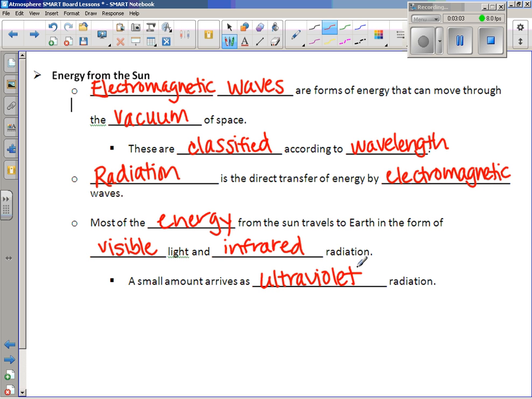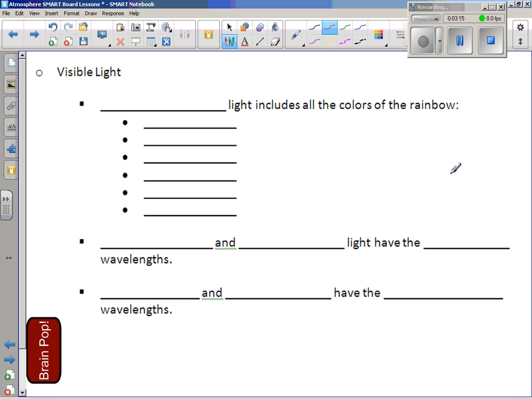something called infrared radiation. So let's talk about the visible light, which is one of the ways that energy travels to Earth from the sun. So visible light includes all the colors of the rainbow, like red, orange, yellow.